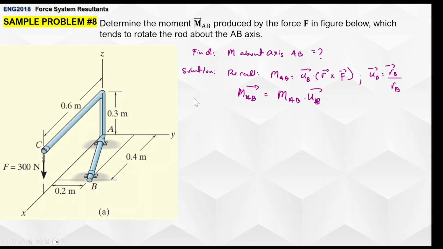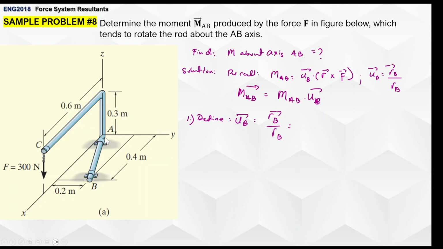So first things first, let's define what UB is muna. The UB is equal to the quotient of position vector RB and its magnitude. We can get it by checking out point P here. So from the looks of it, it should appear as positive 0.4 i hat, positive 0.2 j hat, and 0 k hat.